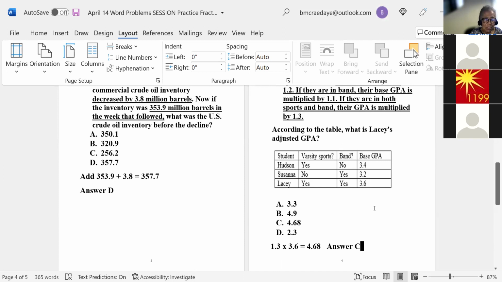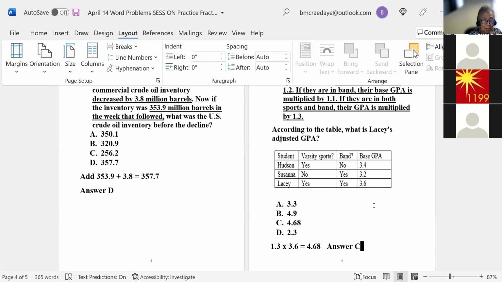Now, what would be Susanna's adjusted GPA? You gotta look at her chart. Susanna's base is 3.2, and Susanna is in what?